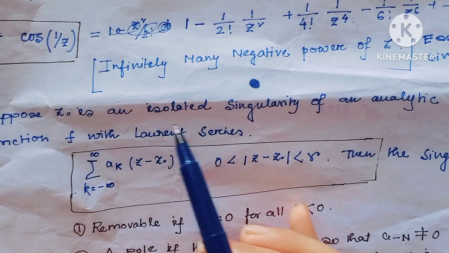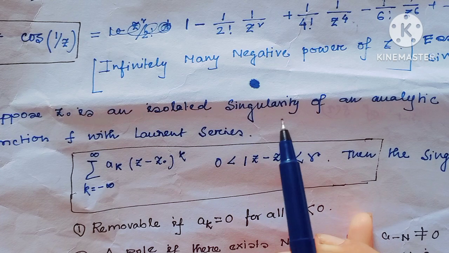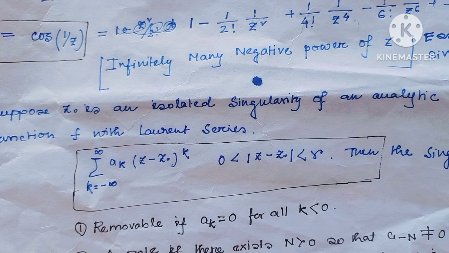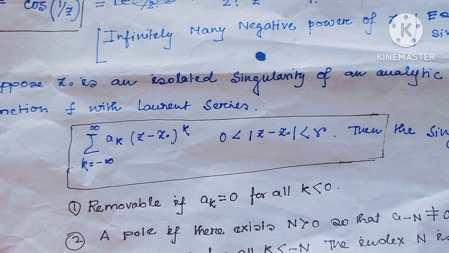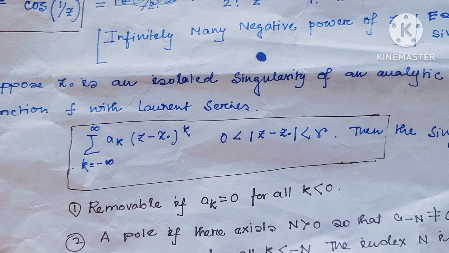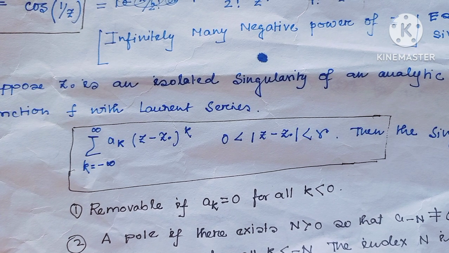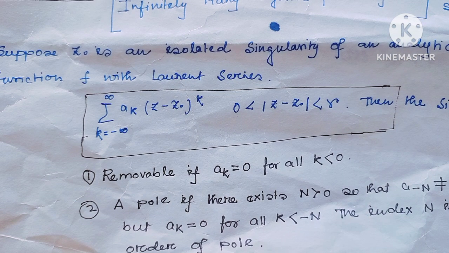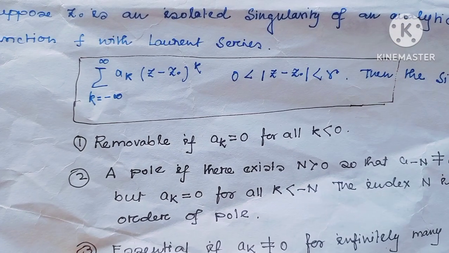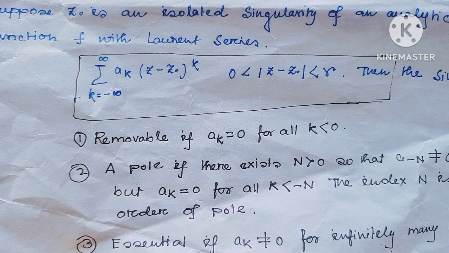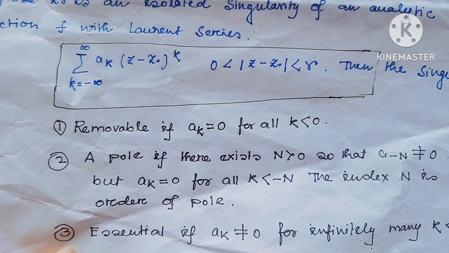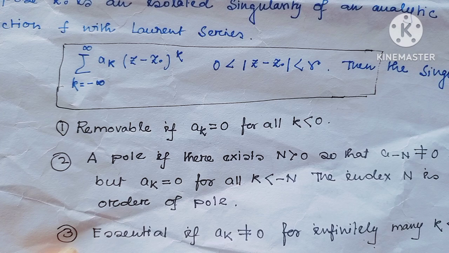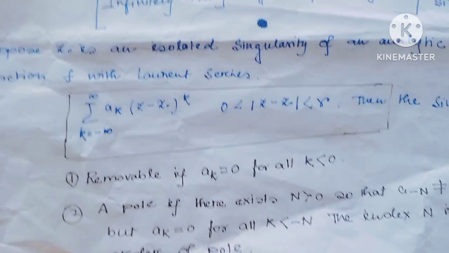Suppose z0 is an isolated singularity of an analytic function with Laurent series expansion the sum from k equal to minus infinity to infinity of a_k (z minus z0) to the power k, where 0 is less than absolute value of z minus z0 less than r. Then this singularity is removable if a_k equals 0 for all k less than 0, and a pole if there exists a capital N so that a minus N is not equal to 0 but a_k equals 0 for all k less than minus N, and this index capital N is the order of the pole.